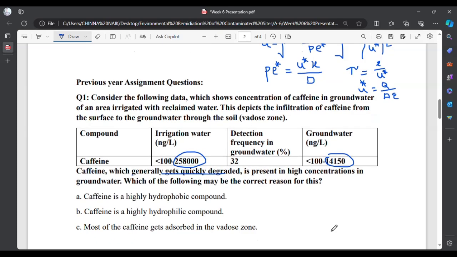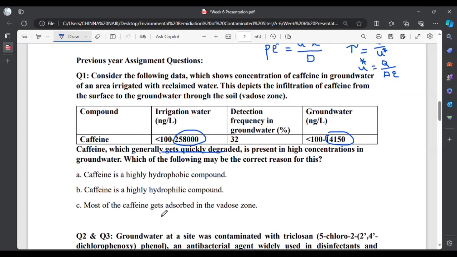Here it shows that the caffeine compound is highly hydrophilic. So what are the options they gave? One reason is that caffeine is a highly hydrophobic compound. Another is that caffeine is a highly hydrophilic compound. Another is that most of the caffeine gets absorbed in the water zone.